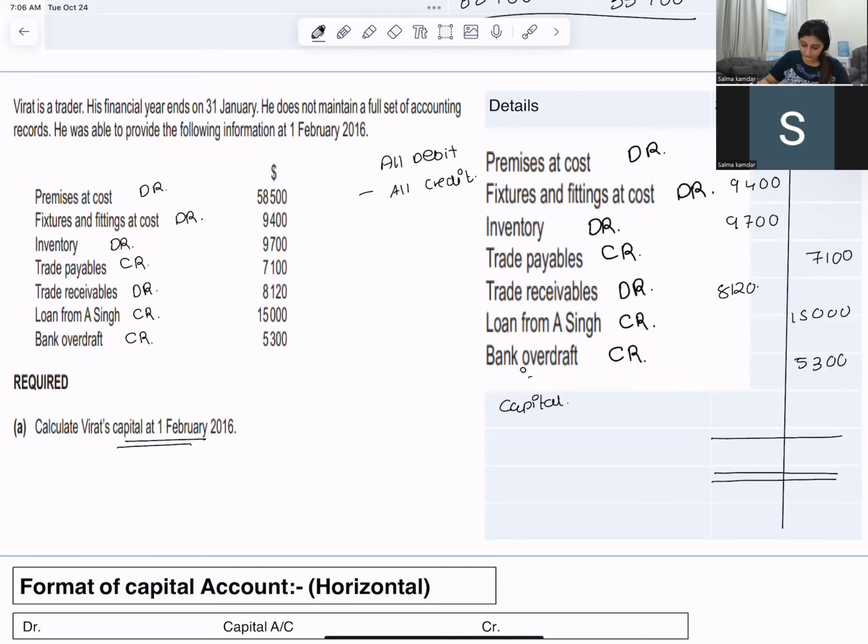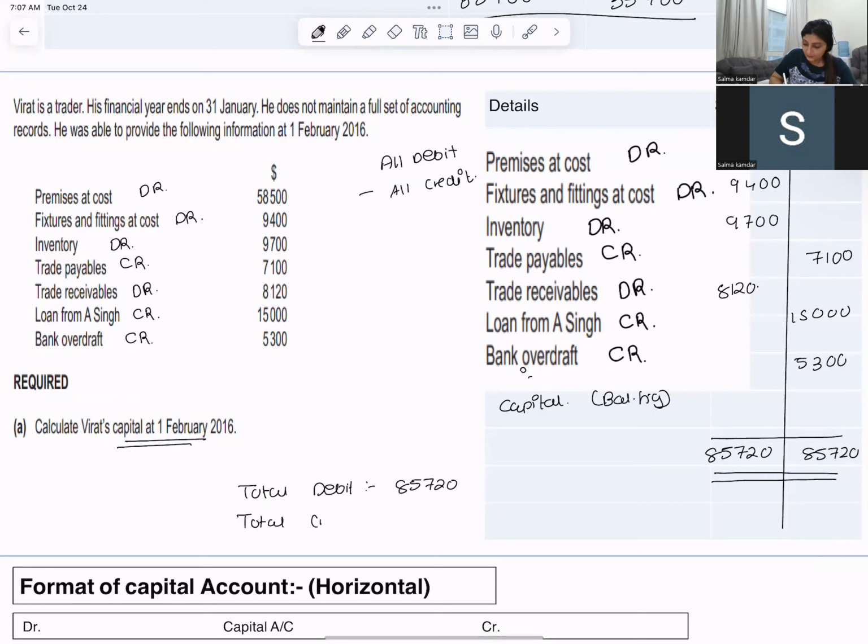So I will do my total of debit. It is 58,500 plus 9,400 plus 9,700 plus 8,120. So it is 85,720. I want to find my balancing figure. So my total of debit is 85,720.